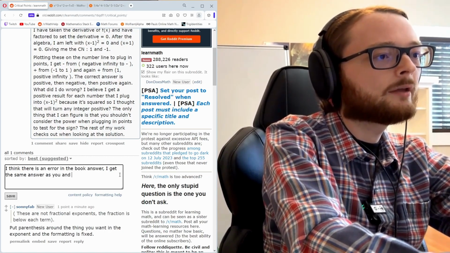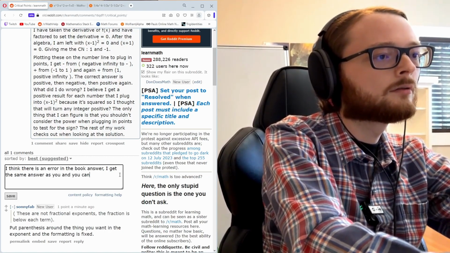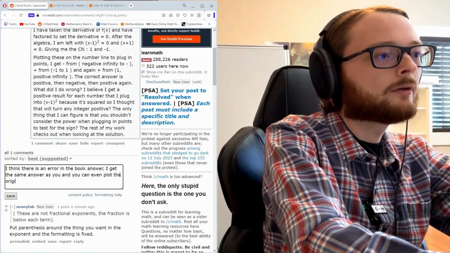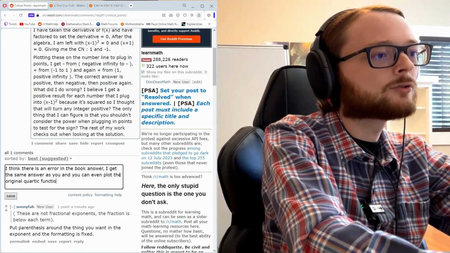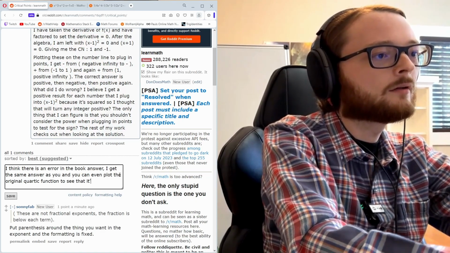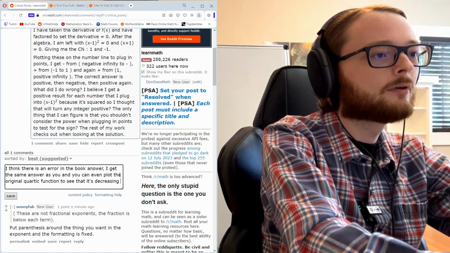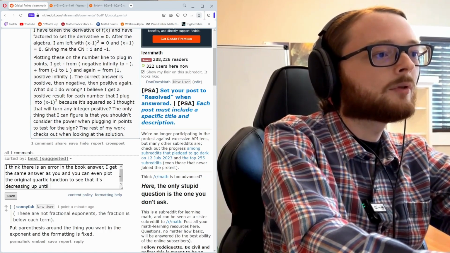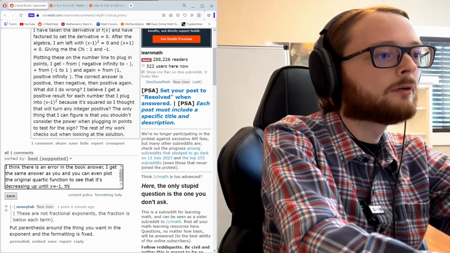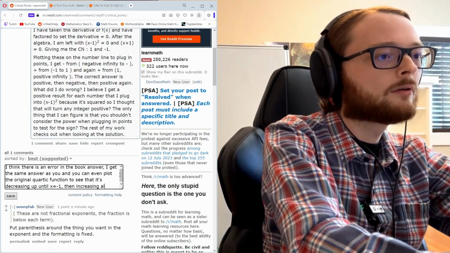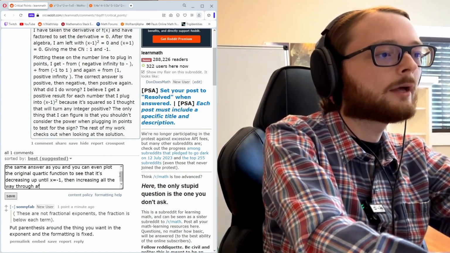Answer is U, and even plot the original function to see that it's increasing, oh, sorry, decreasing, the opposite, up until x equals -1, then increasing all the way through after that.